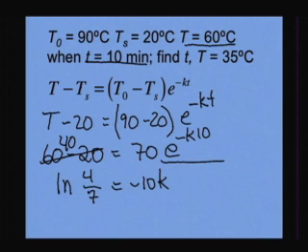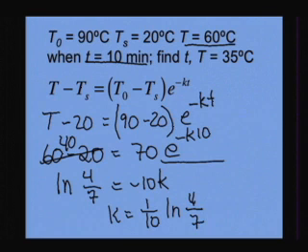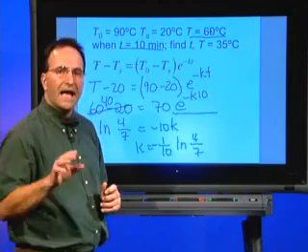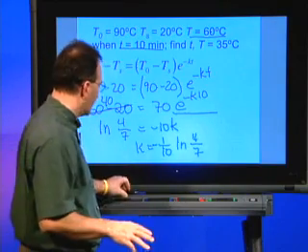So therefore, k is going to be equal to 1/10 the log of 4/7. And actually, I'm sorry, I should put my minus sign in front of that. So that's my value of k, and that's just the first part of solving this problem.